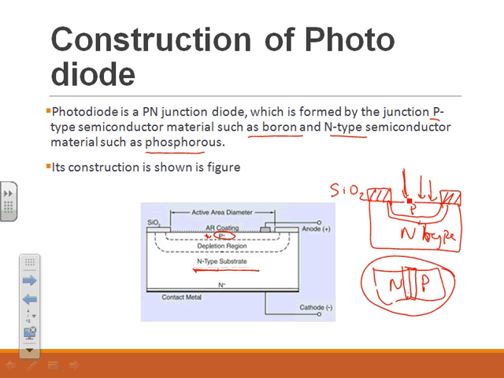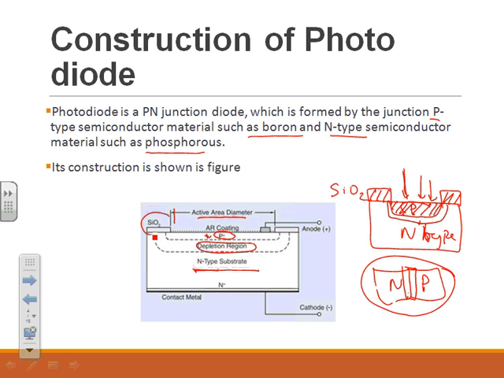Then a pure region is formed here, and then a depletion layer is formed like this, as in ordinary p-n junction theory. And there are two regions. This window region is called the active area, and this silicon dioxide region is called the non-active area.